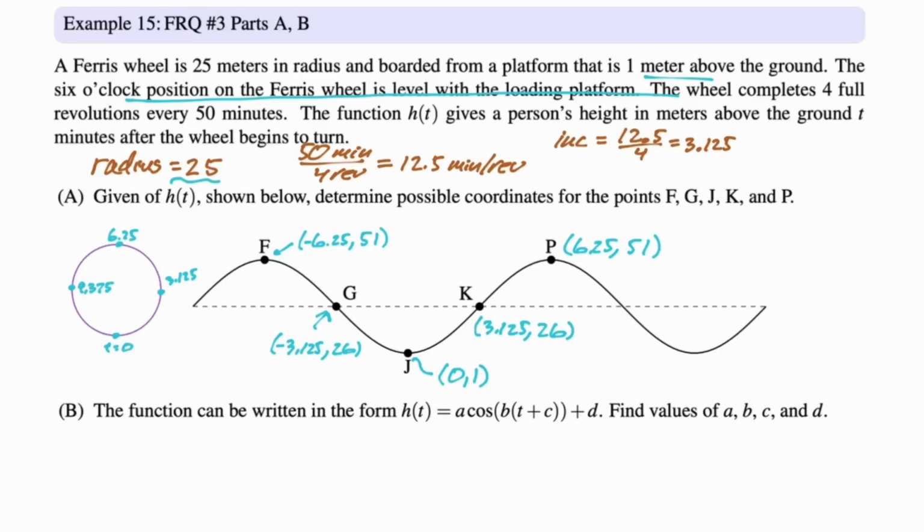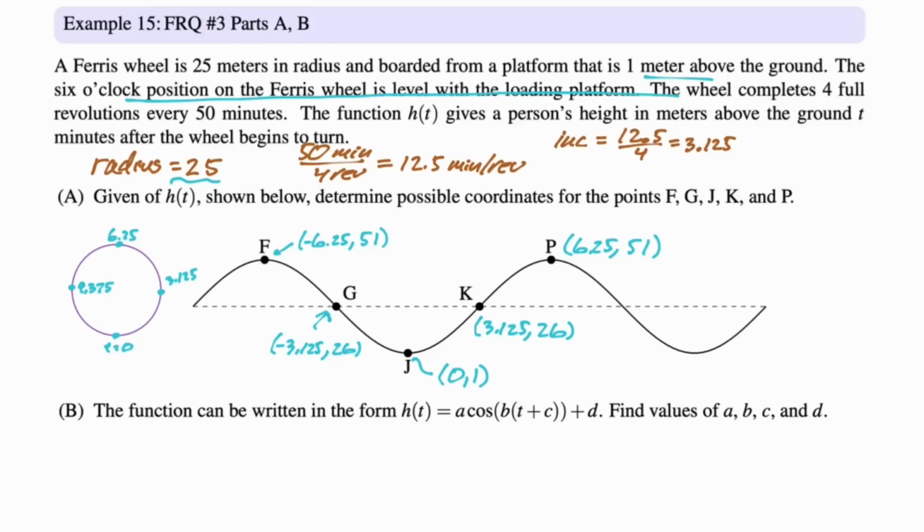The only way this really wouldn't make sense is if they limited you to say t must be greater than or equal to 0, which creates a weirder problem, because now you have to keep going to the right until you get to that 6.25, and we'd have to put positive 6.25 at F and then keep counting from there based on the picture they have given us. So I think they're going to accept anything for this as long as it's valid points, right? These are periodic, an infinite number of answers.